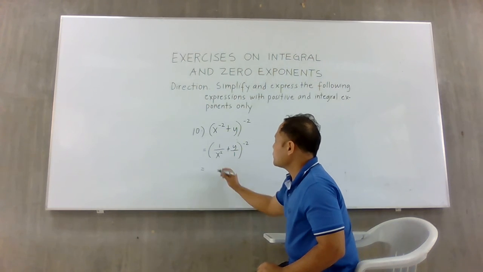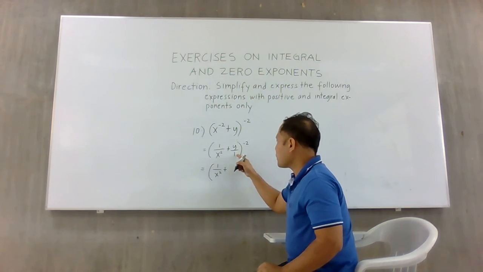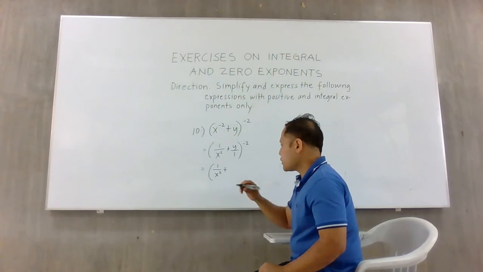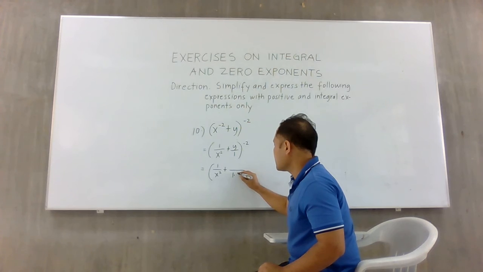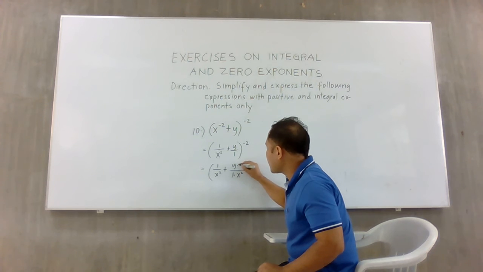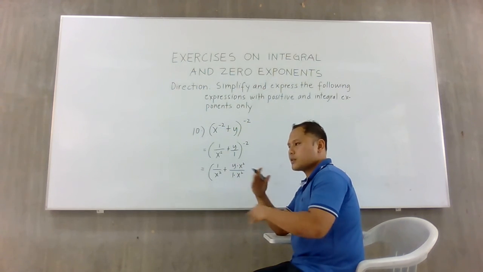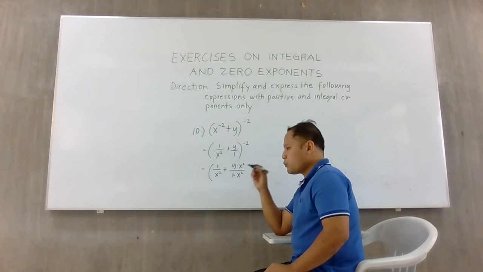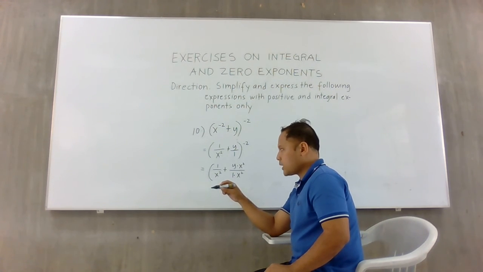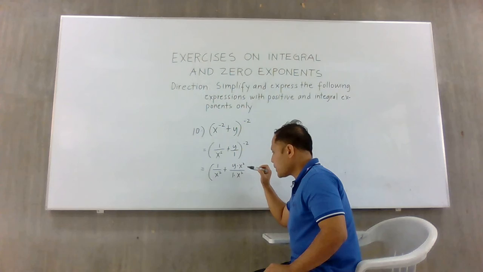So you can have 1 over x squared plus y over 1. How do we make them similar fractions? You can multiply 1 by x squared, and then y, you can also multiply by x squared. Take note that in a fraction, to maintain its value, whatever you multiply to the numerator must also be multiplied to the denominator.